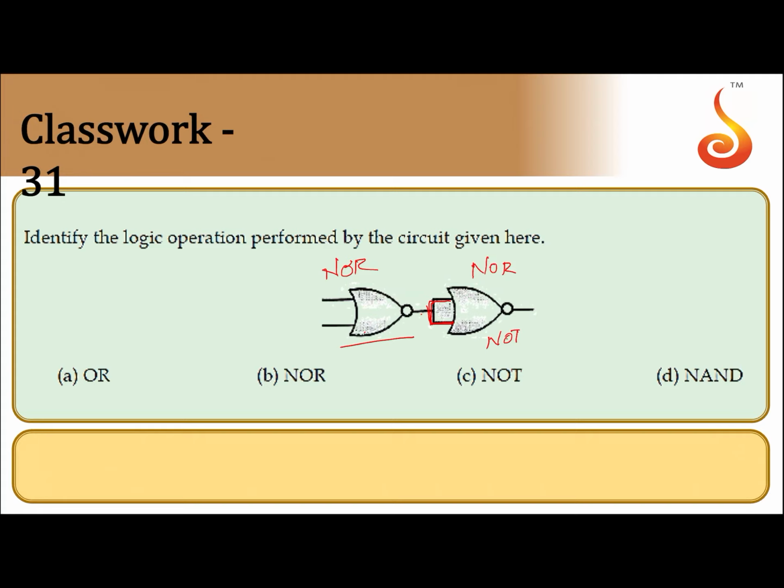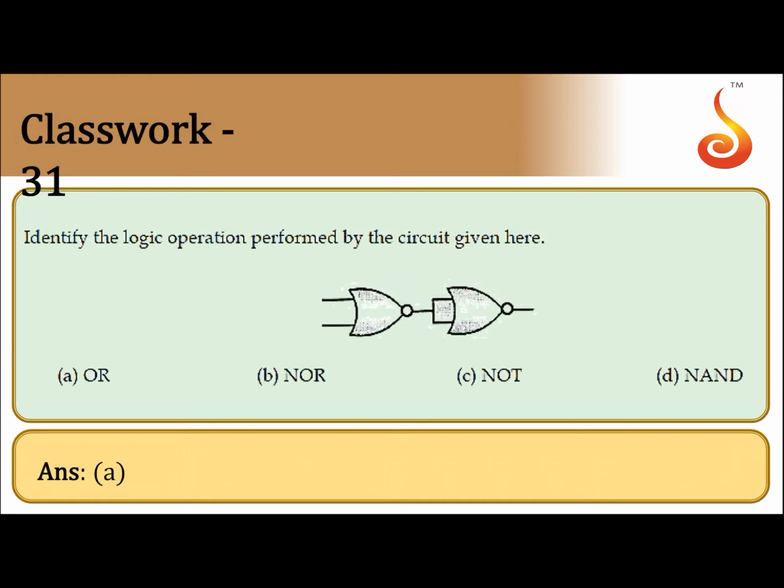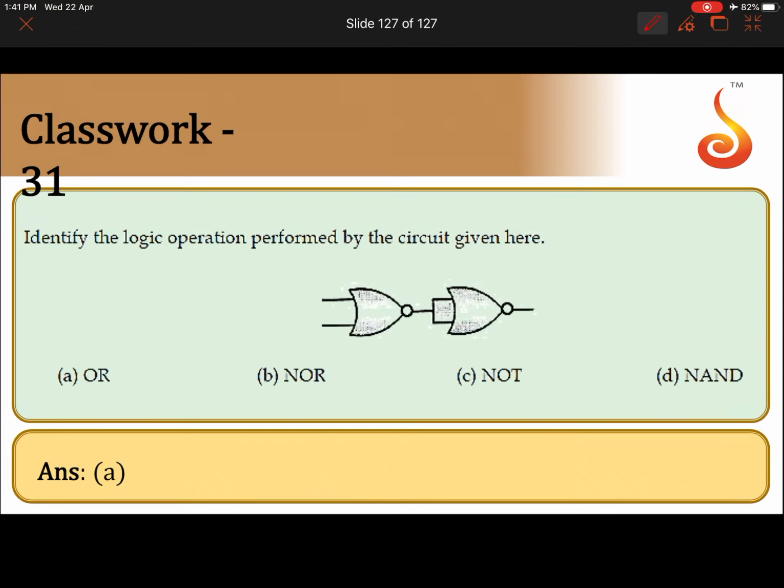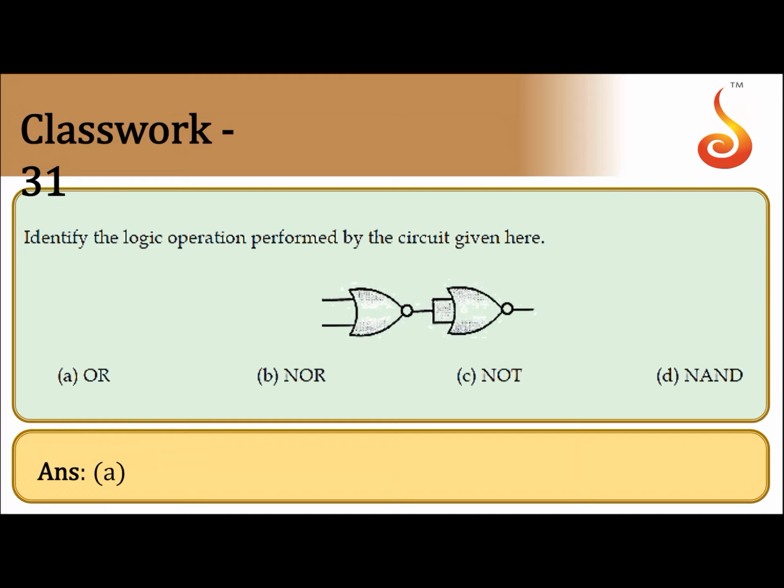So a NOR gate connected to a NOT gate will behave like an OR gate. So it should be option A. Yes, should be option A.